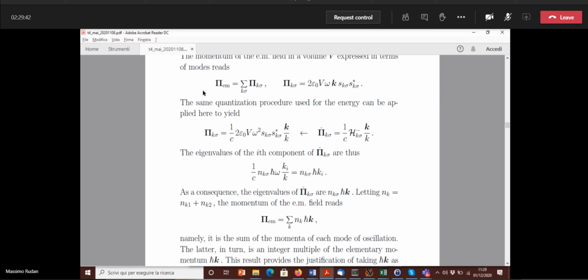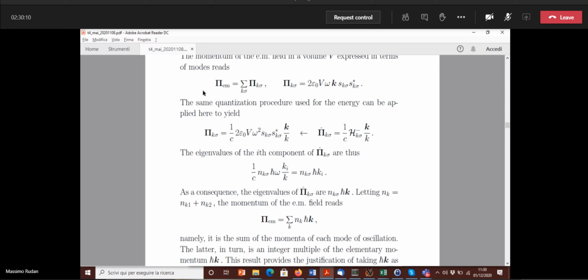We already met somewhere, when we considered the relativistic expressions, that for the electromagnetic field, momentum is essentially energy divided by C. So we find something that is fully consistent with that because it is again derived from the Maxwell equations.